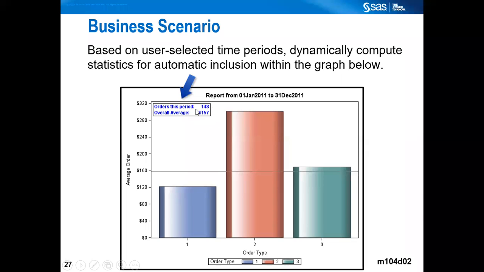You want this legend dynamically changed depending on the requirement, so based on the user-selected time period, dynamically compute statistics for automatic inclusion within the graph values.